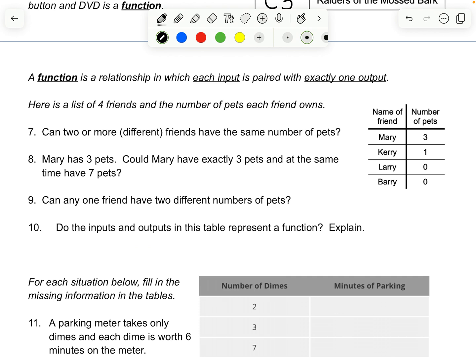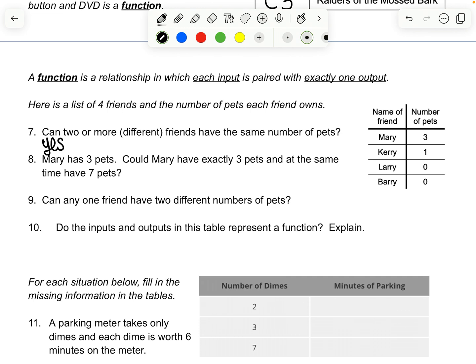Question 7 says, can 2 or more different friends have the same number of pets? Well, yes, because the friends are the inputs. So yes, because the friends are different inputs, that means they can have the same output. It cannot be the same input have 2 different outputs.